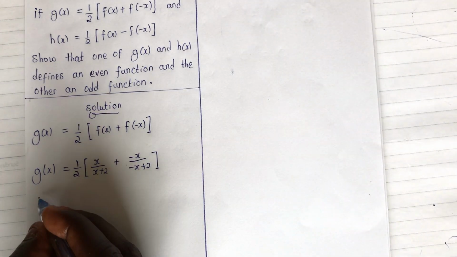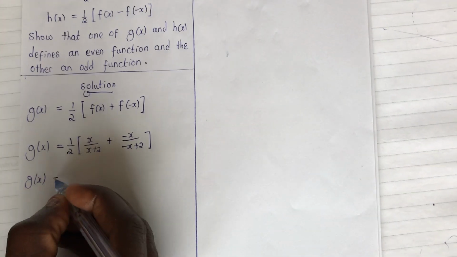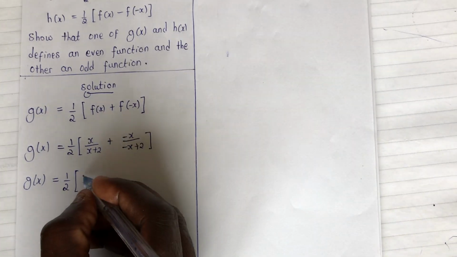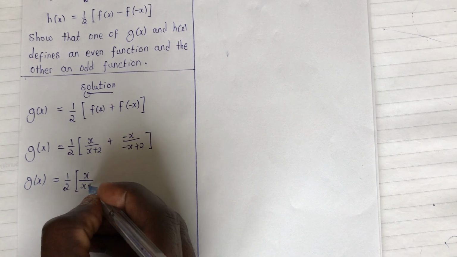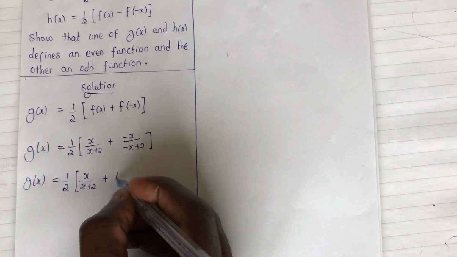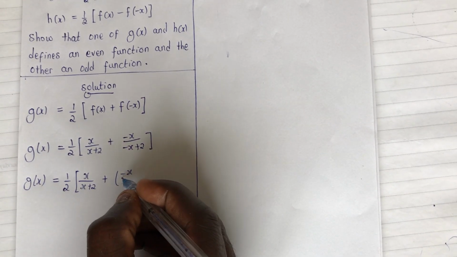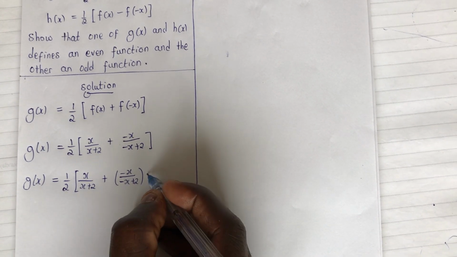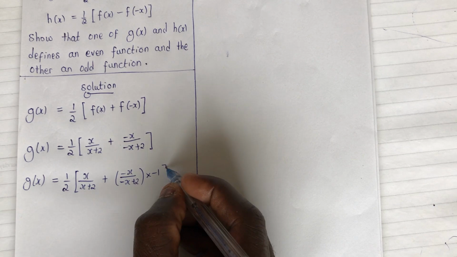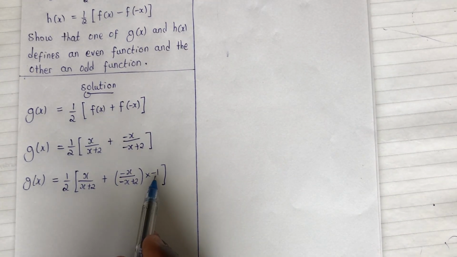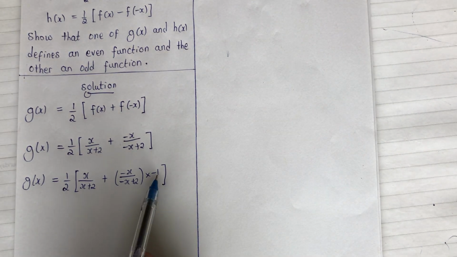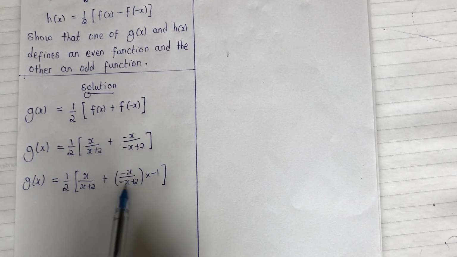So now we have g of x will be equal to 1 out of 2. Let me indicate that step for you to understand. x over x plus 2 plus negative x all over negative x plus 2, all times -1. This -1, there's no need for me to do that, but I'm using it to explain. So this -1 affects everything in the bracket.